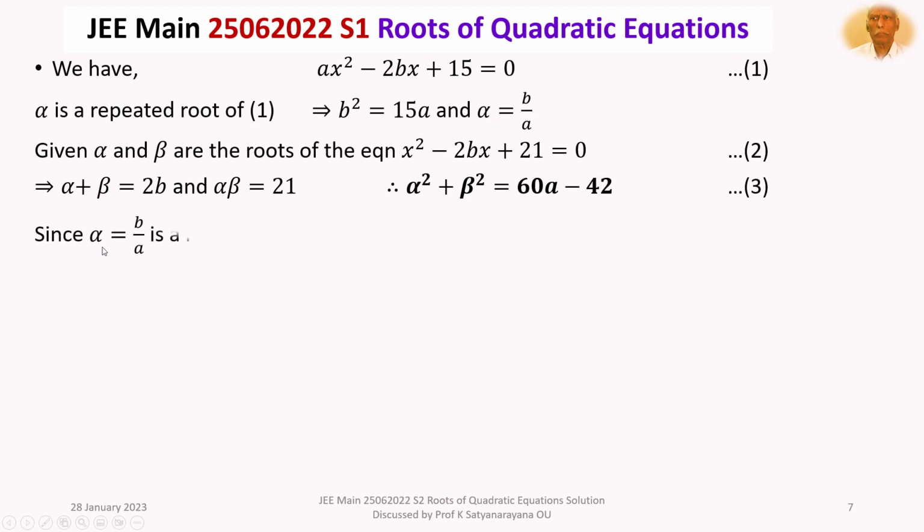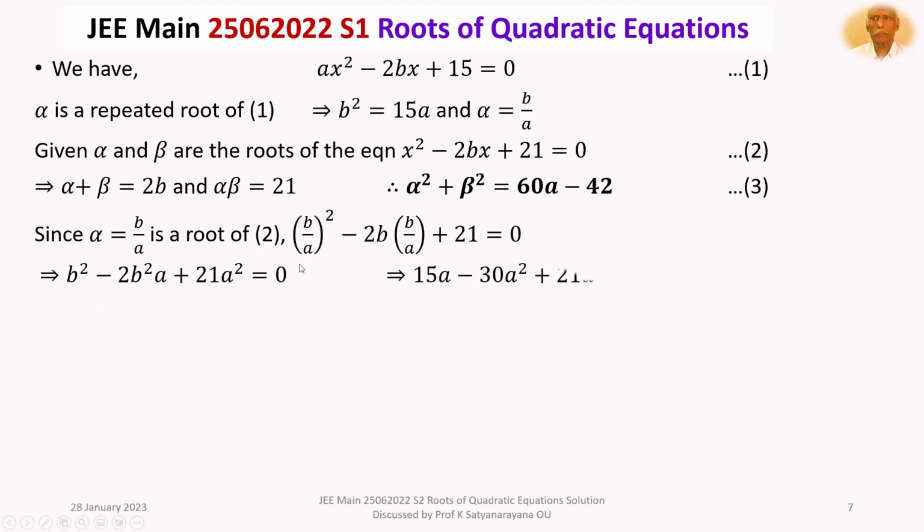So since alpha is equal to b by a is a root of equation 2, b by a whole square minus 2b into b by a plus 21 is equal to 0. Take the LCM and clear the LCM. That will imply b square minus 2b square into a, because the LCM is a square, plus 21a square.